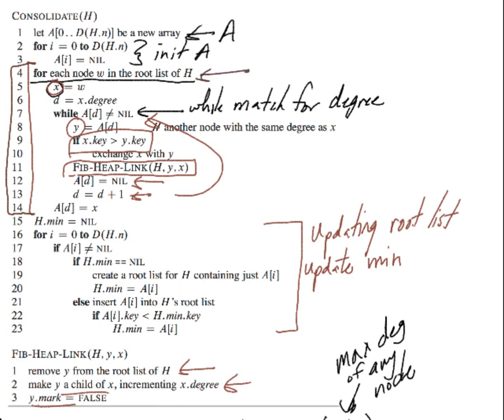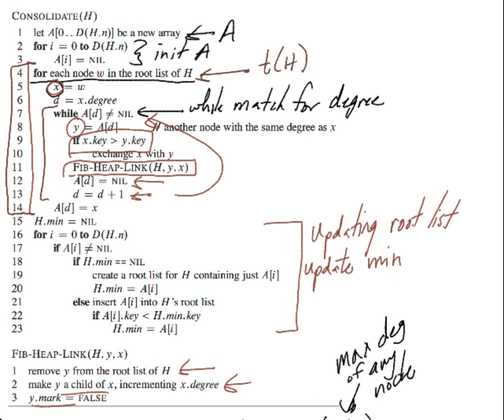This right here, for each node w in the root list h, how big is that? Well, that's t of h. So we're going to iterate on that for loop t of h times. And now we have this nested while loop. And how many times is that going to iterate? Well, you could look at it and say, well, it's t of h as well.